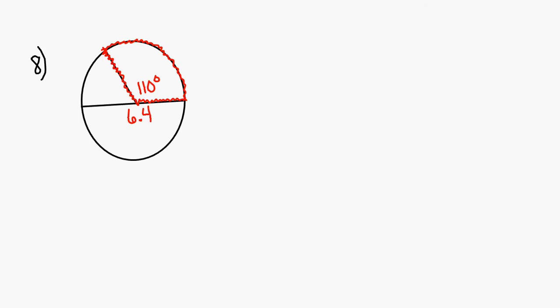The formula for the area of a sector, again, is pi times the radius squared times the central angle divided by 360. If the diameter is 6.4, the radius is half of that, so your radius is equal to 3.2. Your central angle is given, it's 110.